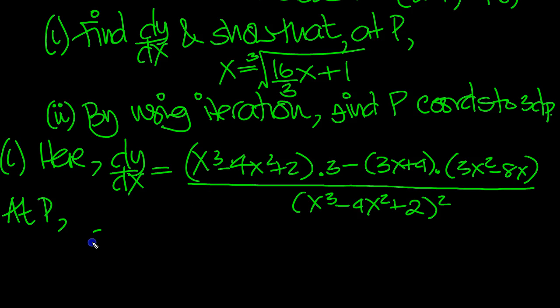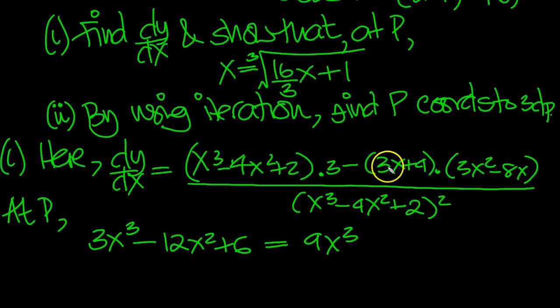So 3 of these, I'm going to run the 3 through the whole of the bracket. 3 of these is plus 6, equal to 0, but I can move this over the equals and flip this minus and move this object over and expand the bracket at the same time. So it'd be 9x cubed minus 24x squared, then plus 12x squared, and then 4 times 8 is minus 32x.